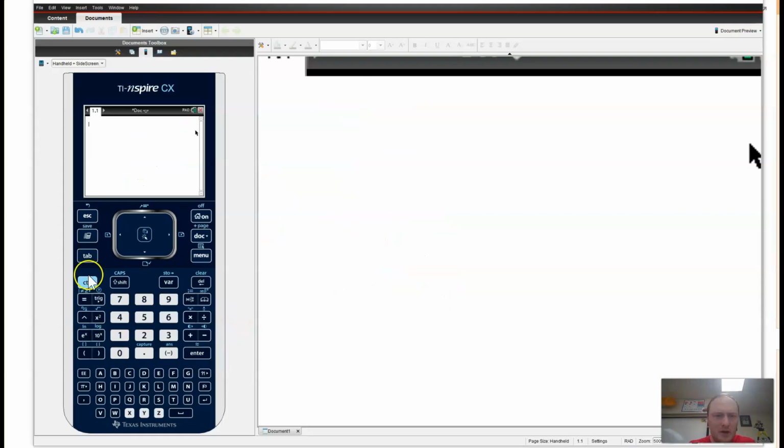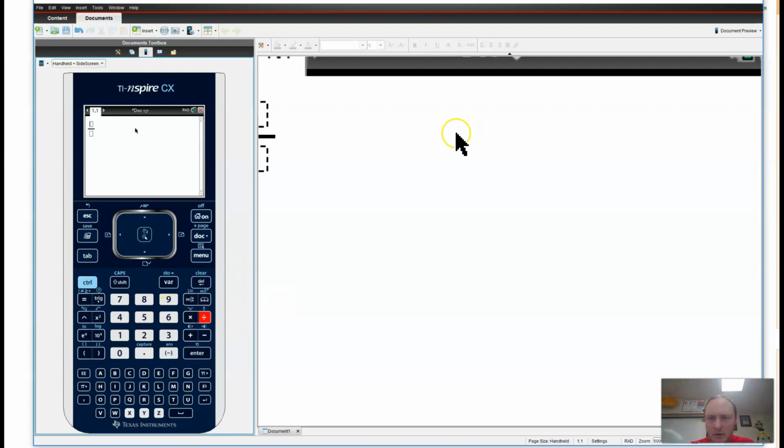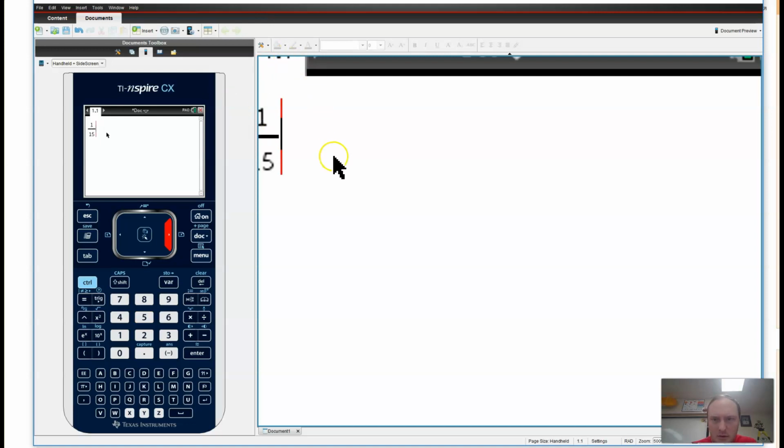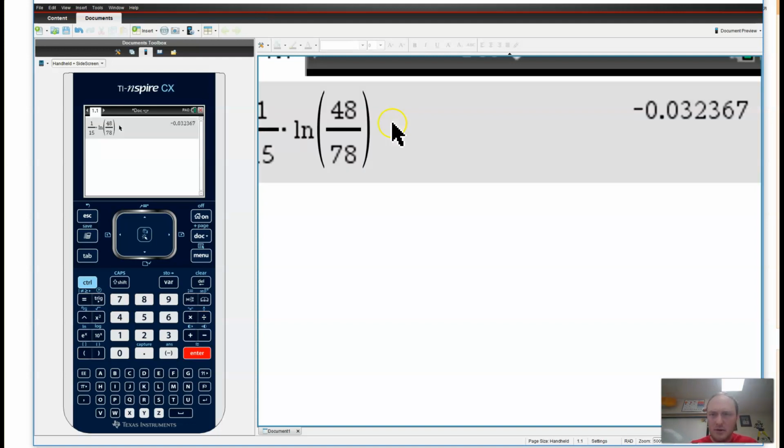All right, so we have 1/15 times the natural log of 48 divided by 78. Okay, and we get this answer here, negative 0.0323667.